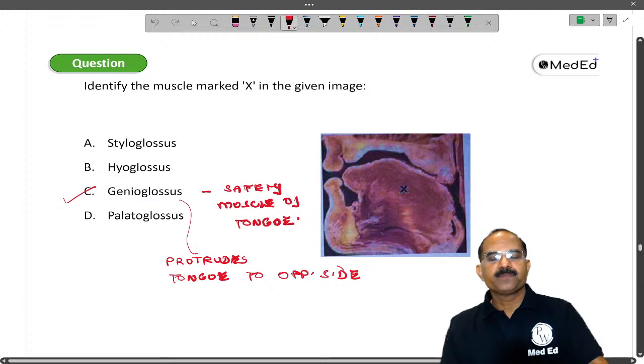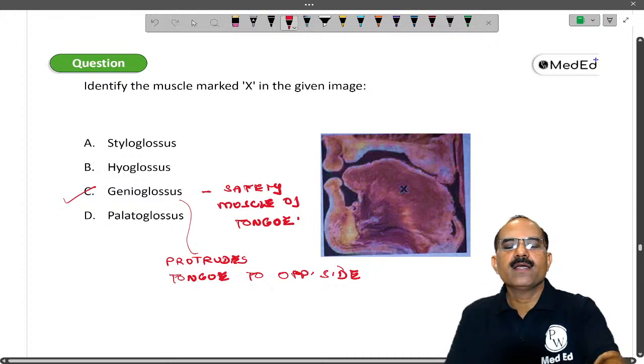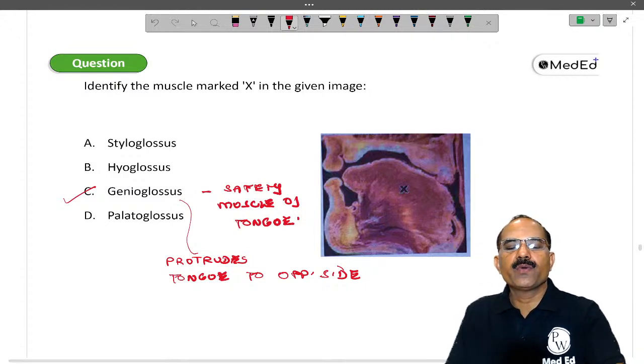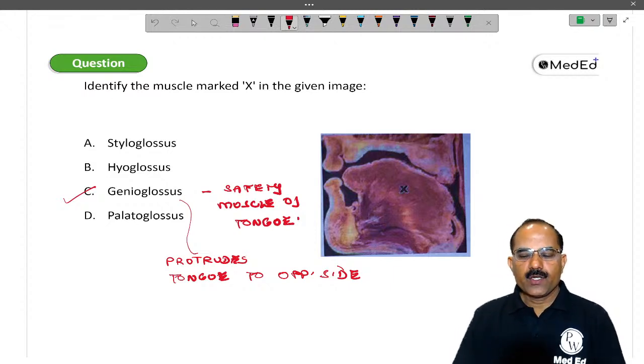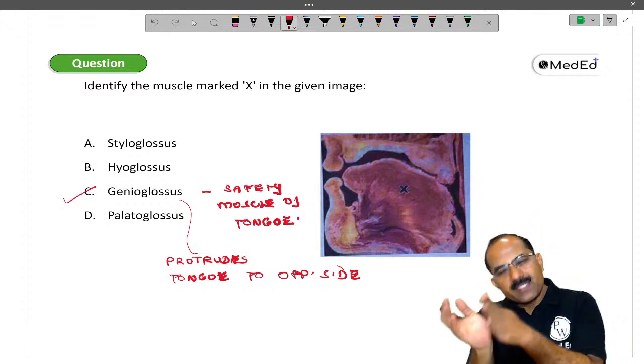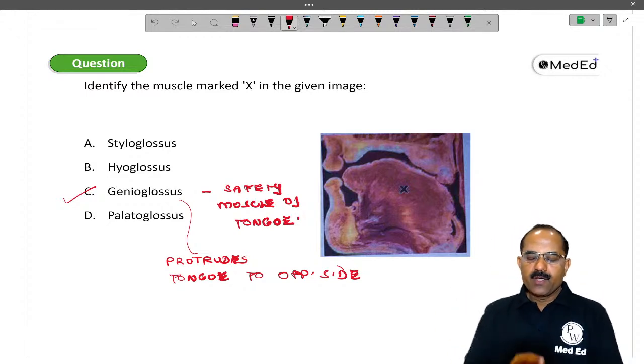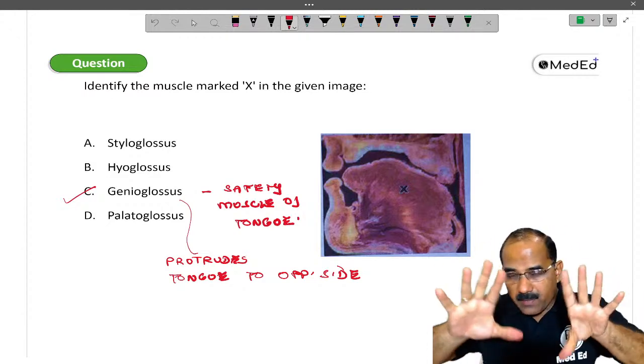Okay, याद रखना. ये genioglossus क्या करता है? Genioglossus protrudes the tongue to the opposite side. देखो, genioglossus is known as the safety muscle of the tongue. Why?